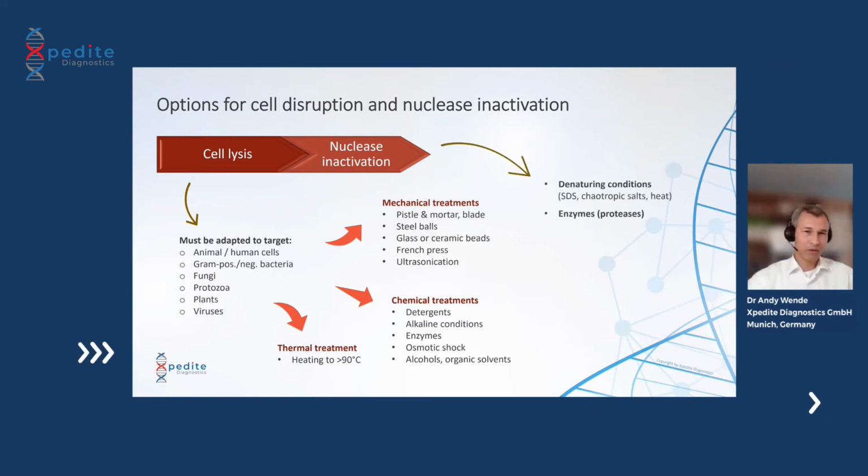And if it comes to the nuclease inactivation, people usually use either denaturing conditions like a certain concentration of SDS or high concentration of chaotropic salts, or you can also inactivate enzymes by denaturing them through heat application. Another possibility is to apply enzymes, especially proteases, to inactivate RNases and DNases.